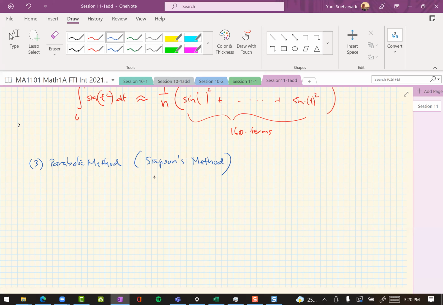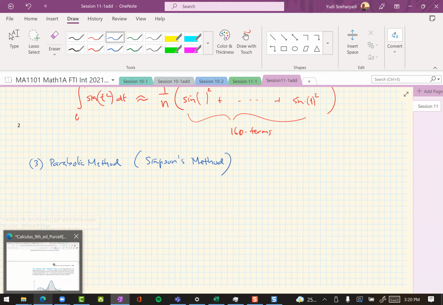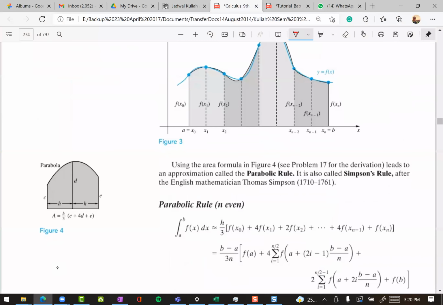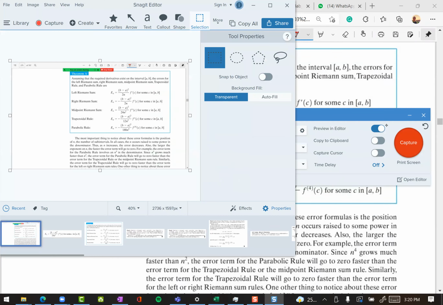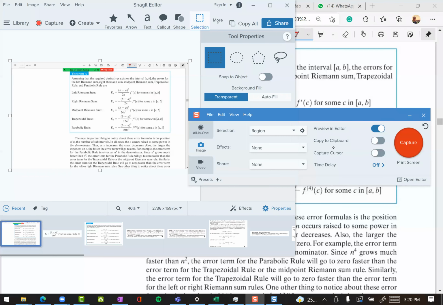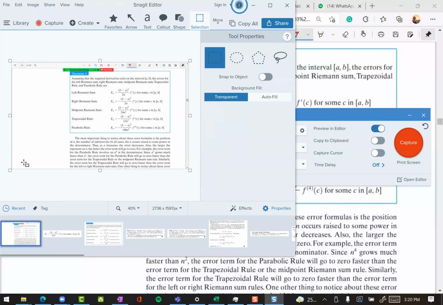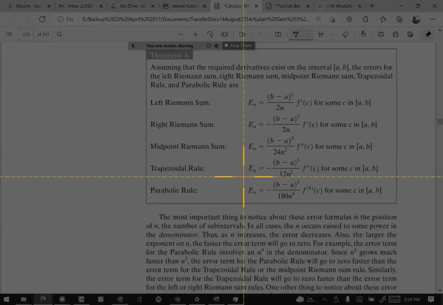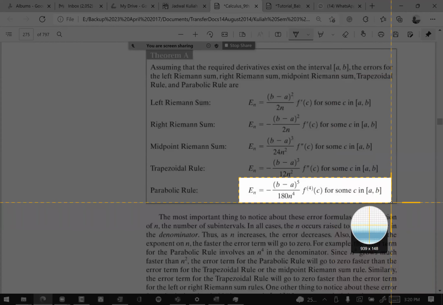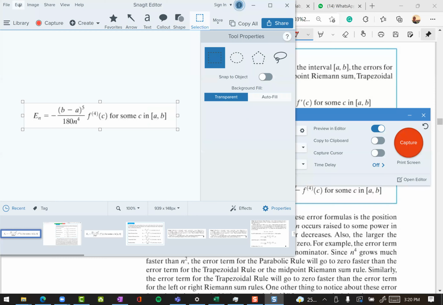All right, so let's get the formula for the derivative. Sorry, the formula for the error. Right, so this is the error formula. I don't need this one, just need this one.